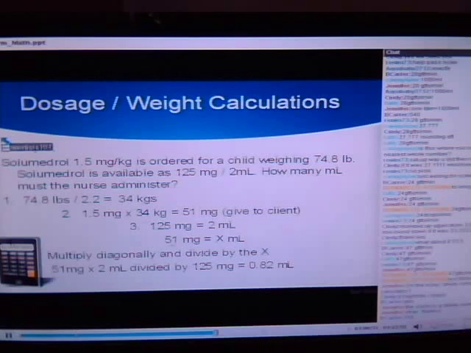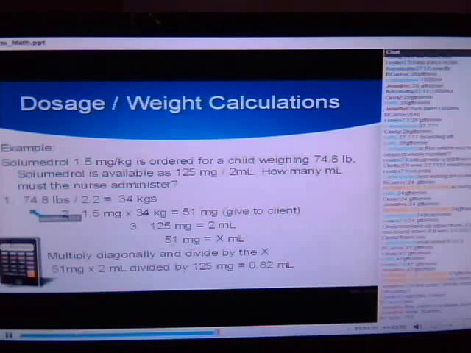How many milliliters would the nurse administer? Well, we have to give 1.5 milligrams times 34 kilograms is 51 milligrams. This is how many milligrams we have to give to the client. Figure that out first, right?